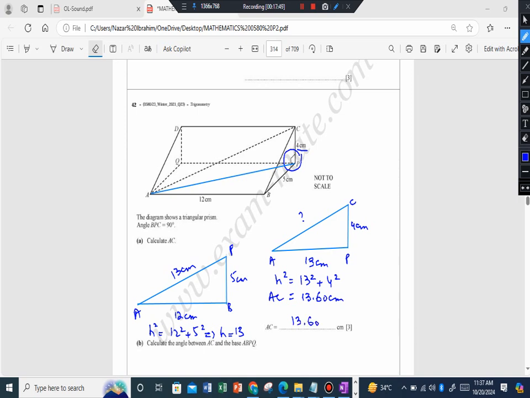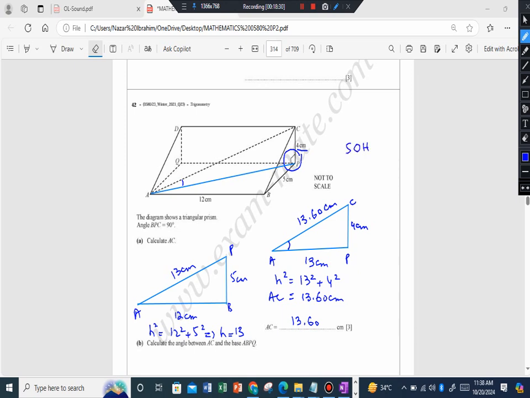Moving to the next part, calculate the angle between AC and the base ABPQ. The line AC and the base ABPQ, right? So it is basically this angle, right? And as I have just solved this triangle, I have AC, which is 13.60. I can use any trigonometric ratio as I have all three sides, right? So let's choose sine. Sine is basically SOHCAHTOA, right?